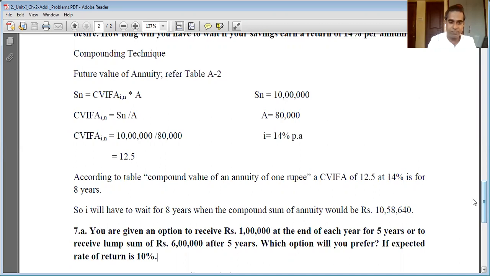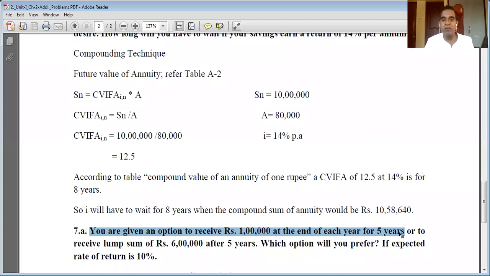Okay. So now one more question from an old question paper. You are given an option to receive 1 lakh rupees at the end of each year for 5 years. So understand, it is an annuity. At the end of first year, 1 lakh.